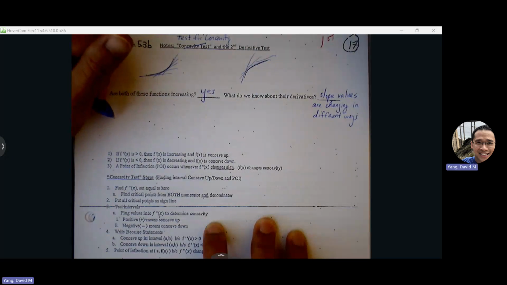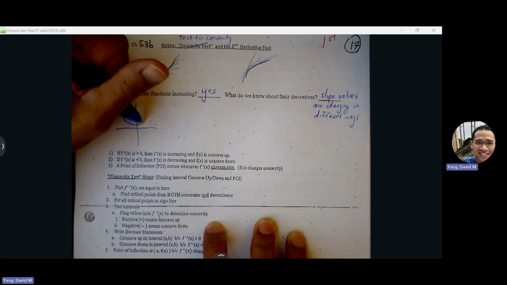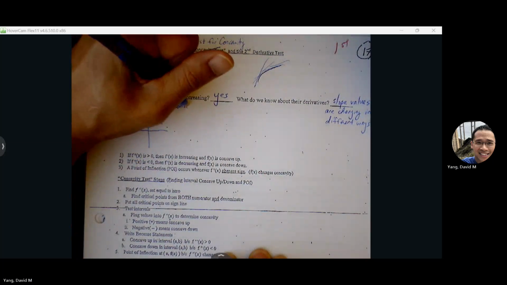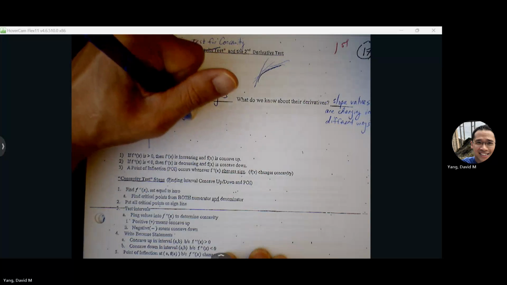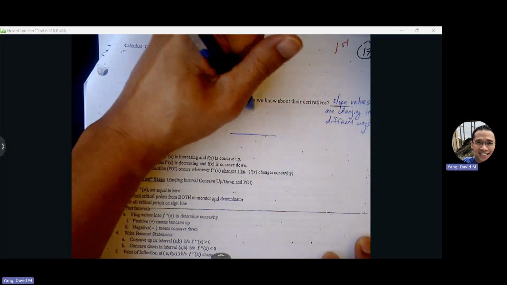Okay, so let me talk then about the two categories here. We have graphs that are concave up. And then we have graphs that are concave down.